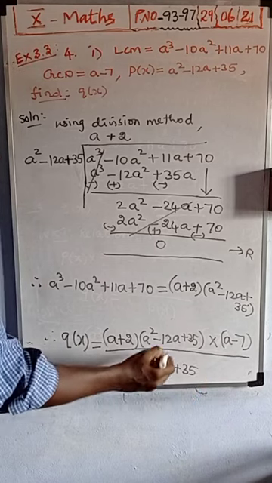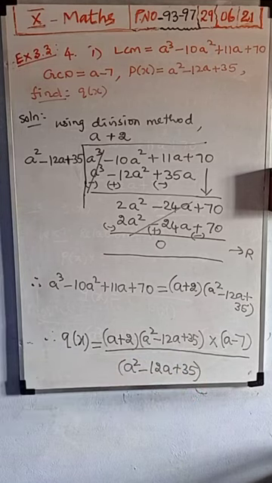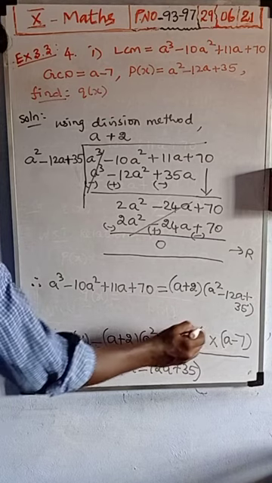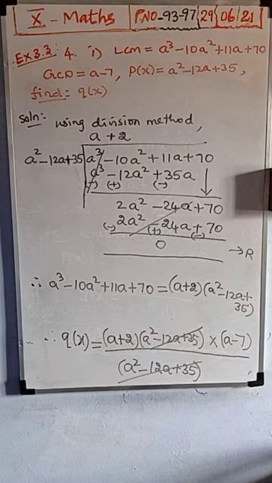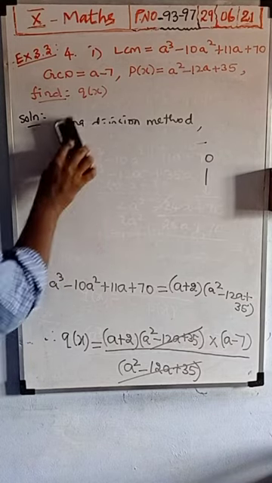Now see, numerator and denominator have the same quadratic polynomial. So both quadratic polynomials get cancelled. I didn't factorize the quadratic polynomial. Now this quadratic polynomial gets cancelled, then the remaining numerator has two factors, that is the GCD.